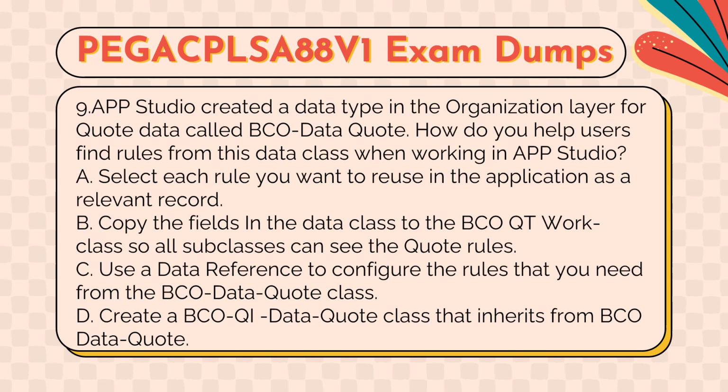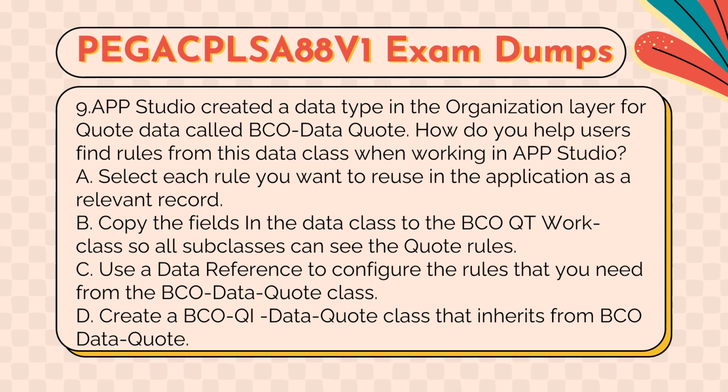9. App Studio created a data type in the organization layer for quote data called BCO-Data-Quote. How do you help users find rules from this data class when working in App Studio? A. Select each rule you want to reuse in the application as a relevant record.